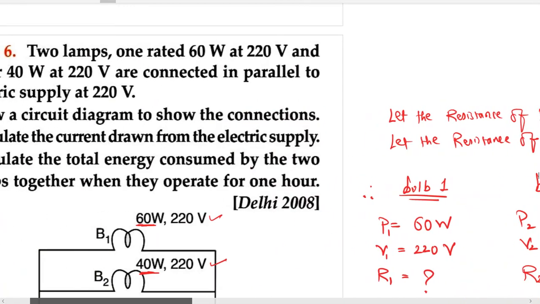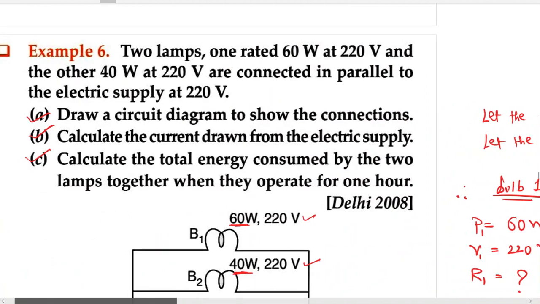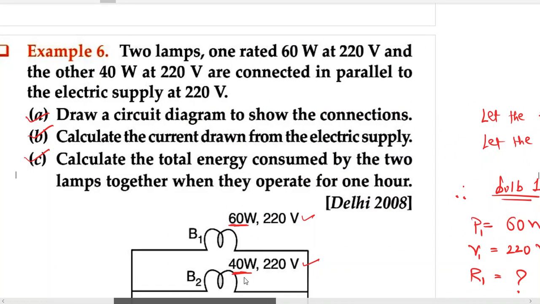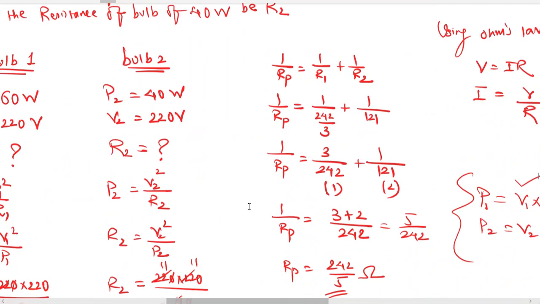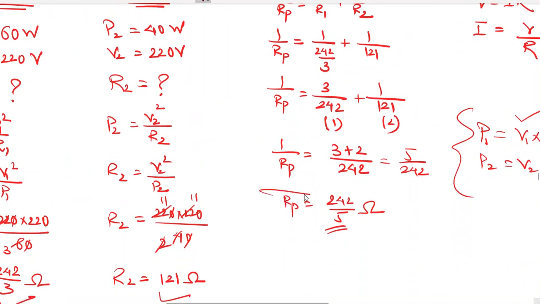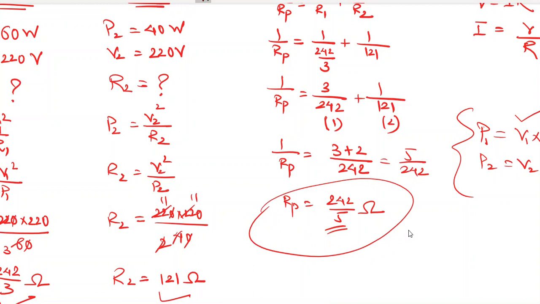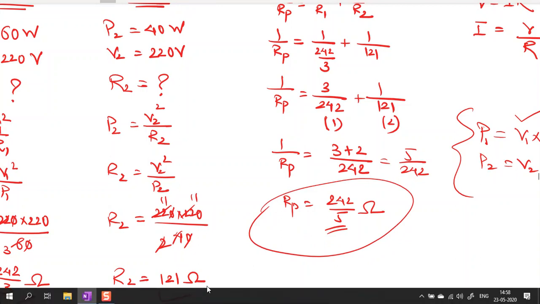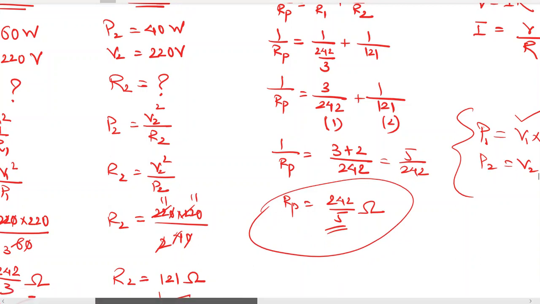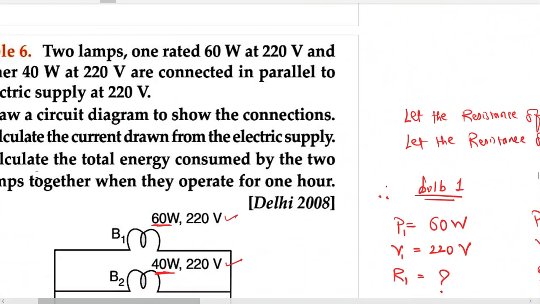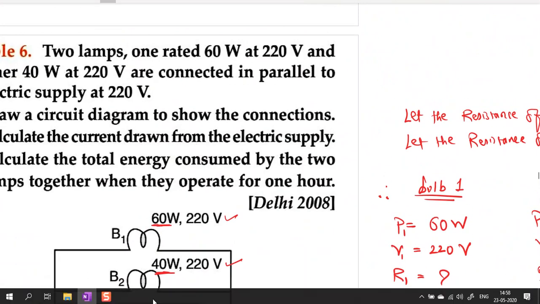Now understand one thing, we know the total resistance of the circuit, 242 by 5. So we can use this somehow to find the total energy consumed by both the bulbs.